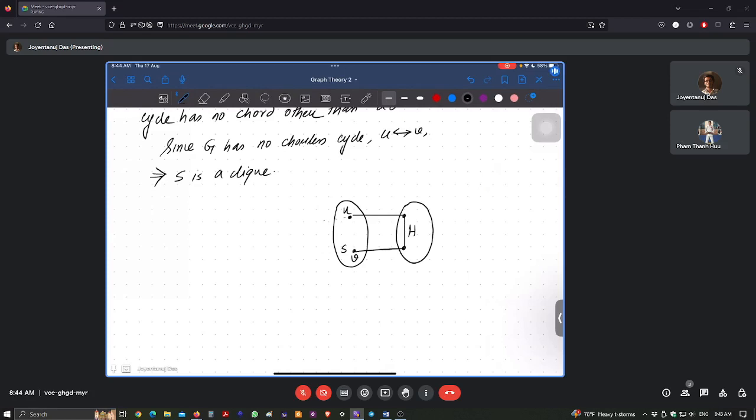It connects to this chosen vertex X, and it need not be a direct edge, but some path is there.